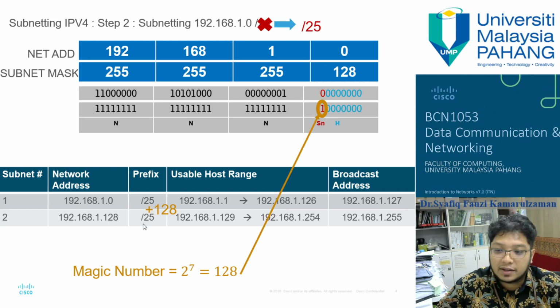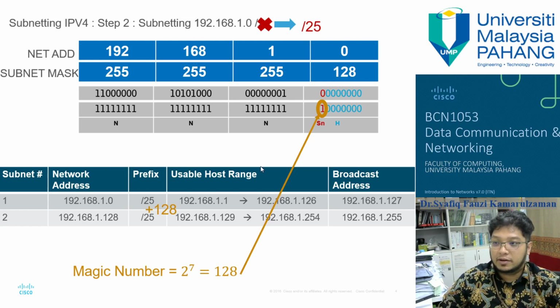If you add another 128, it will become 256, but we don't have 256, so we stop at 255, which is the maximum number for your subnet. So we have completed the subnetting process here.